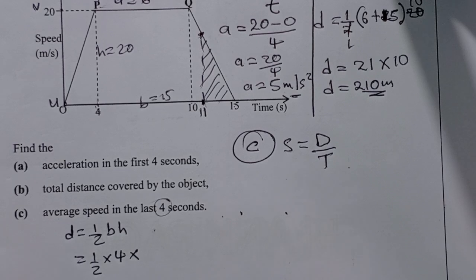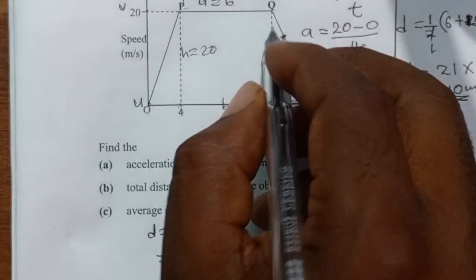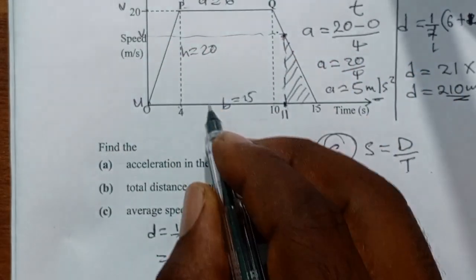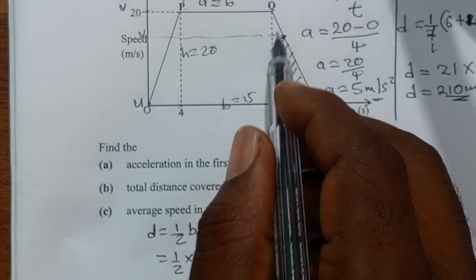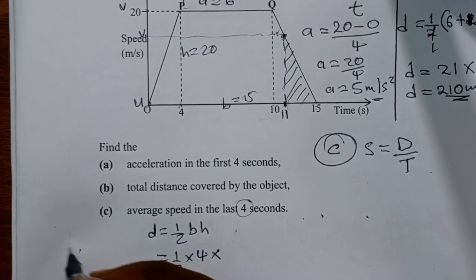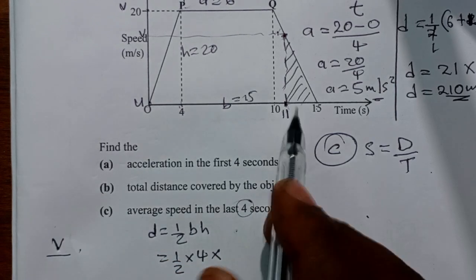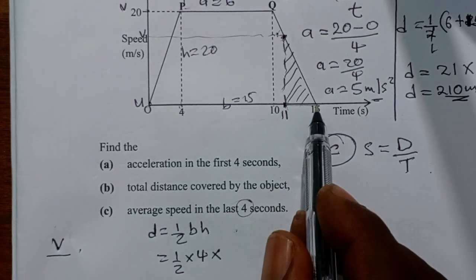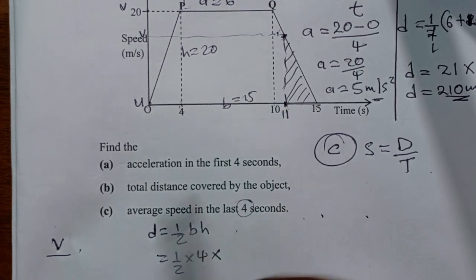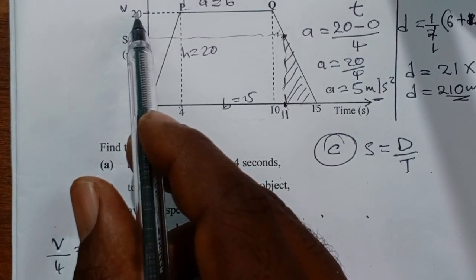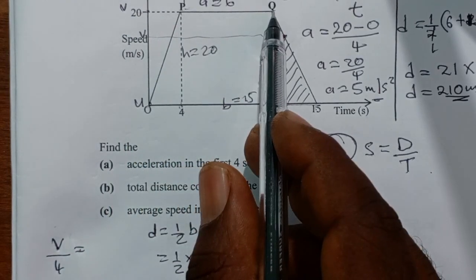We can calculate height by using ratios. Let's say this is V. V over the time taken for V, which is 15 minus 11, that is 4, equals, let us also take this one, 20.